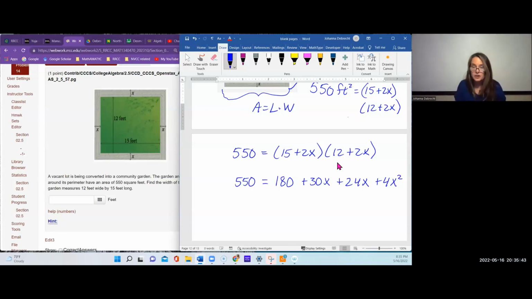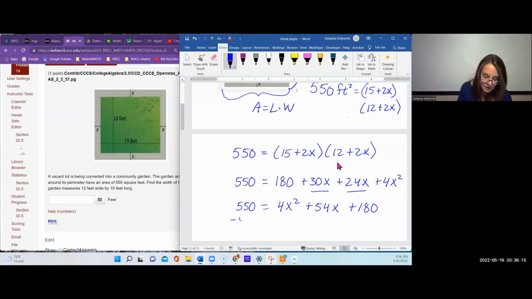Let's add the like terms that are already on the right side and reorder it with the square going first. This gives me 4X squared. These two middle terms combine to give me 54X. And then I have the plus 180, and it's still equal to 550. I still can't solve it by factoring, completing the square, or the quadratic formula until I get it equal to 0.